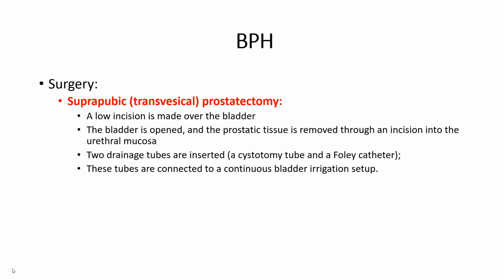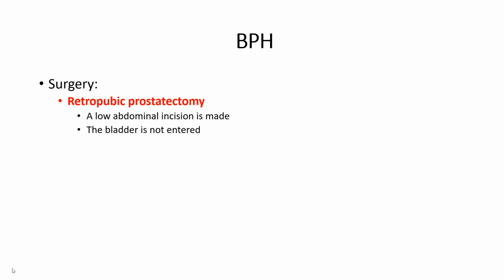The retropubic prostatectomy, this is a low abdominal incision. The bladder is not entered. The biggest thing with this is after surgery, you want to assess the abdomen. You want to assess that incision.